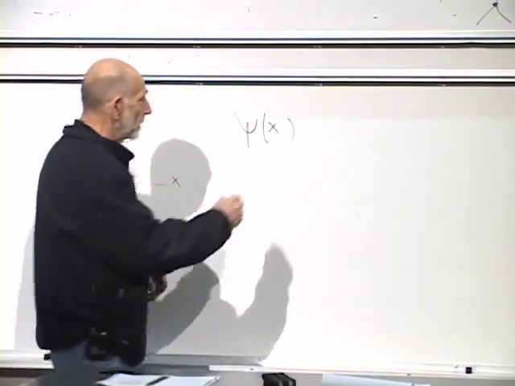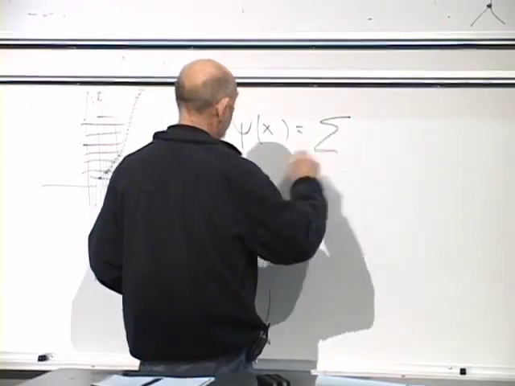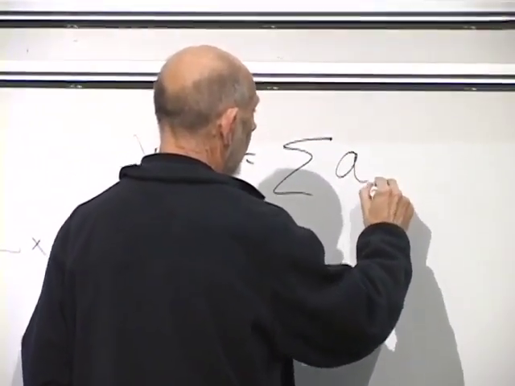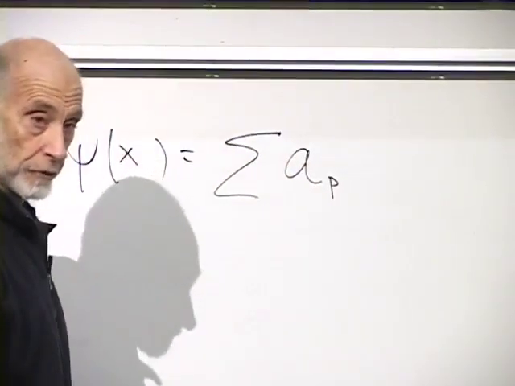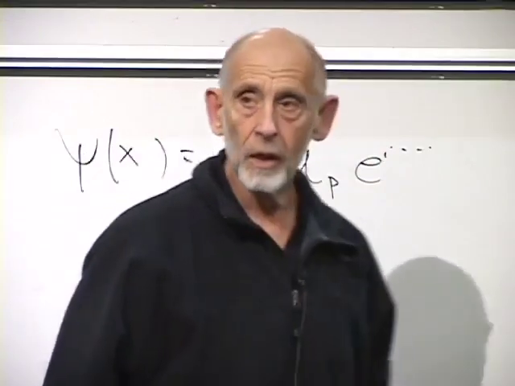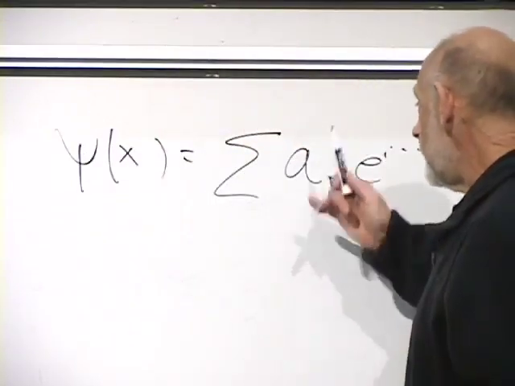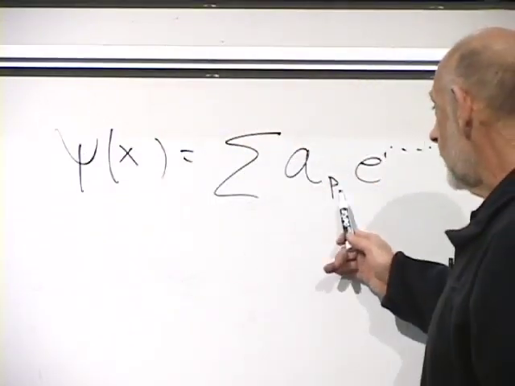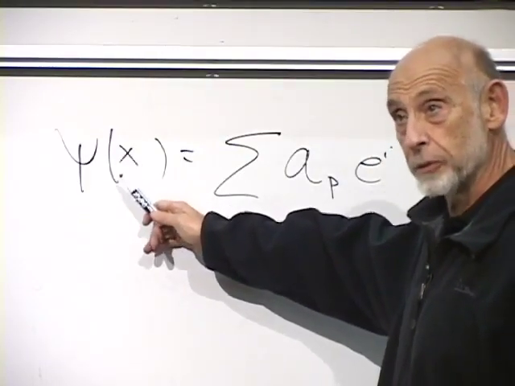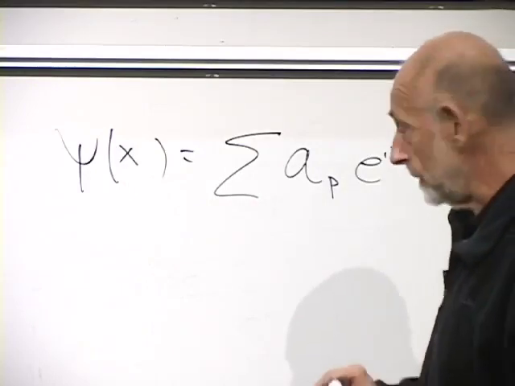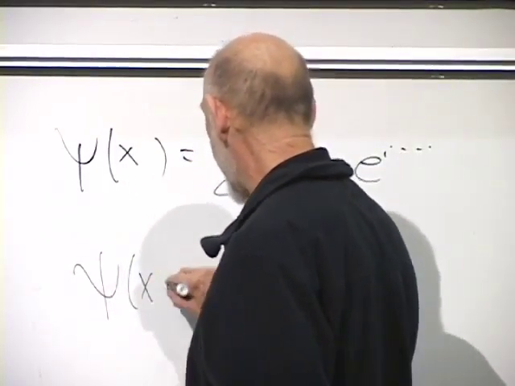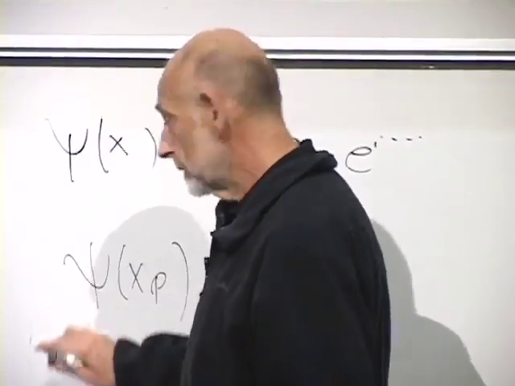It is made up out of field operators, let's say A, which are functions of momentum, times e to the i, and so on. So creation operators are either creation operators for a particle of momentum p or creation operators for a particle of position x, but they are not creation operators for particles of position x and momentum p.